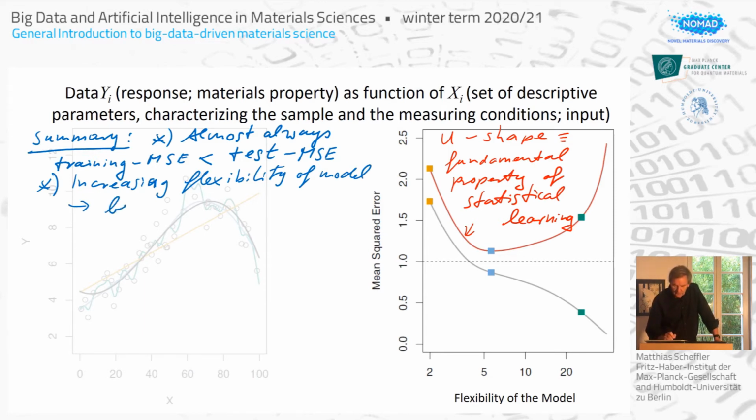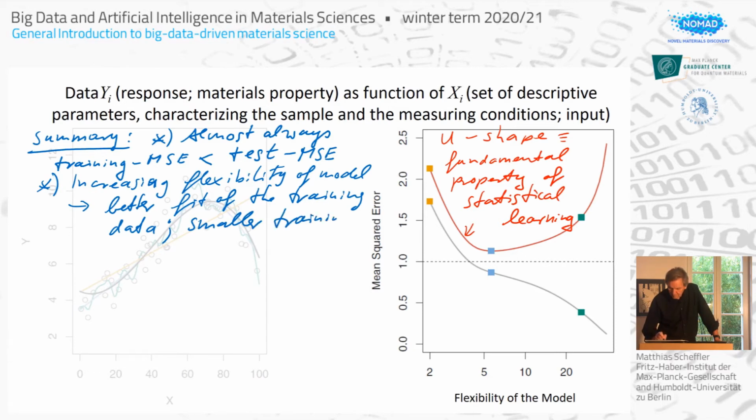First, we get a better fit of the training data, which of course also means we have a smaller training MSE, but we also have what we just have seen, this U shape of the test MSE.